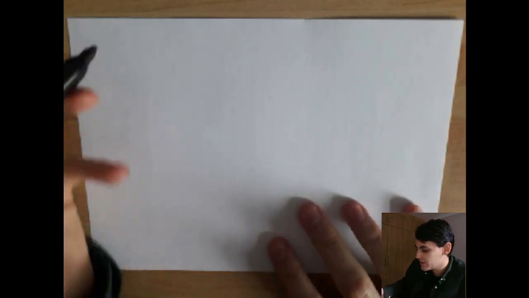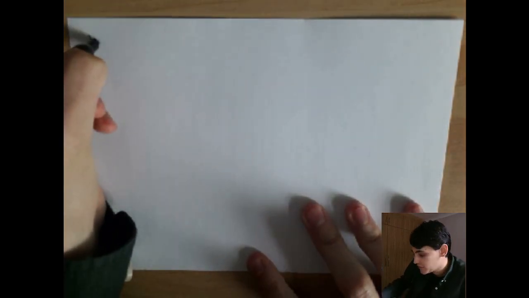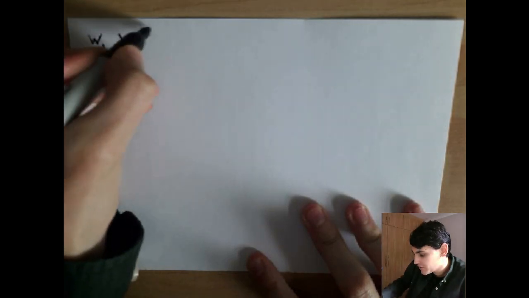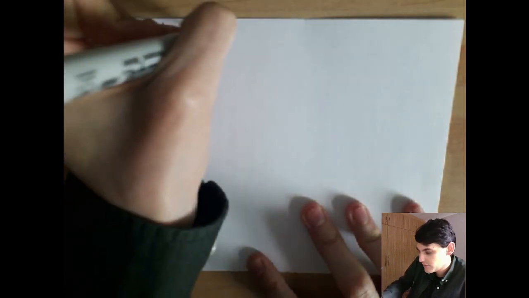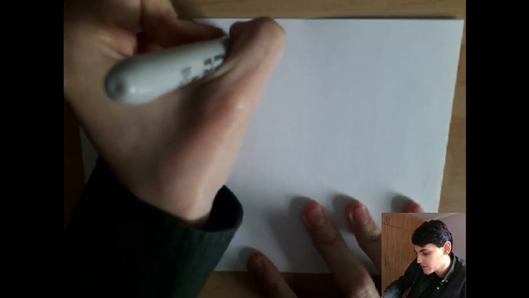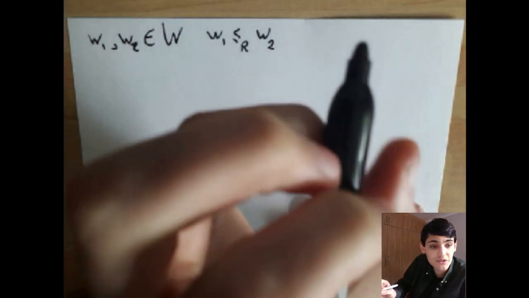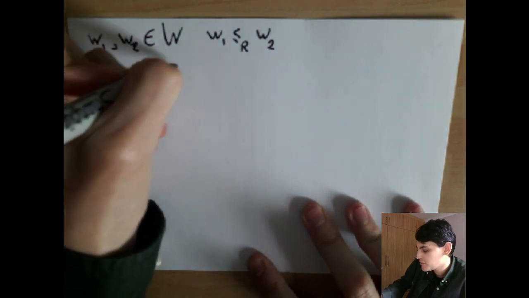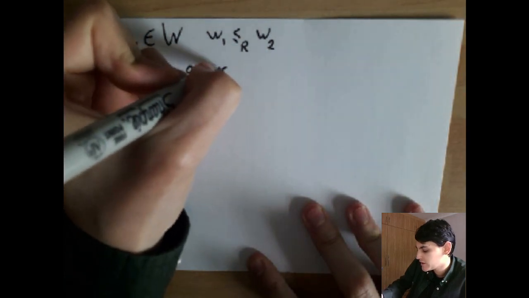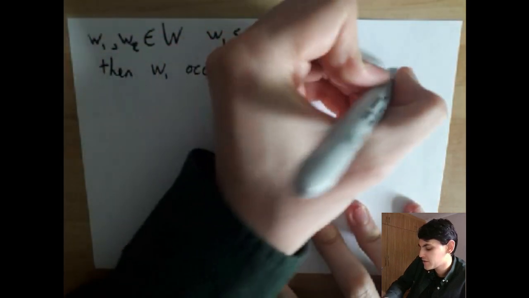And it is the following. If you've got W1 and W2 in your Coxeter group W, and you have that W1 is less than or equal in the right weak order to W2, then W1 occurs as a prefix of W2.